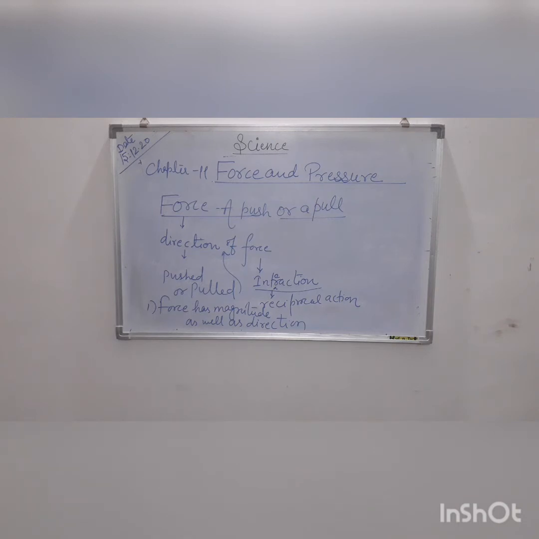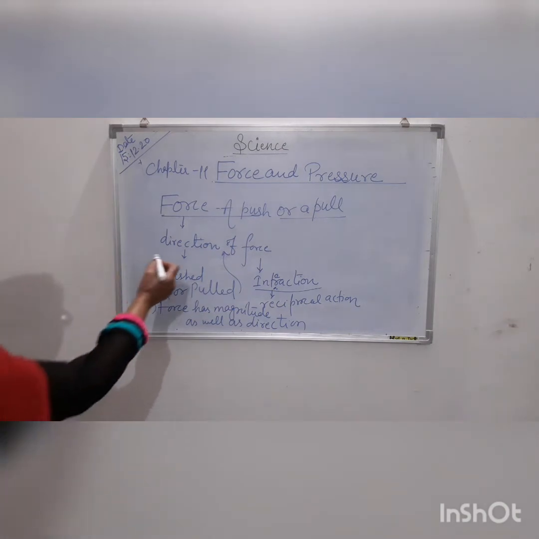So children, when we want to open a door, what do we have to do? We have to push the door handle with our hand. And when we want to close the door, we have to pull the door handle with our hand. This means that to move an object, it has either to be pushed or pulled. So a push or a pull is called what? Force. The direction in which the object is pushed or pulled is called the direction of force.